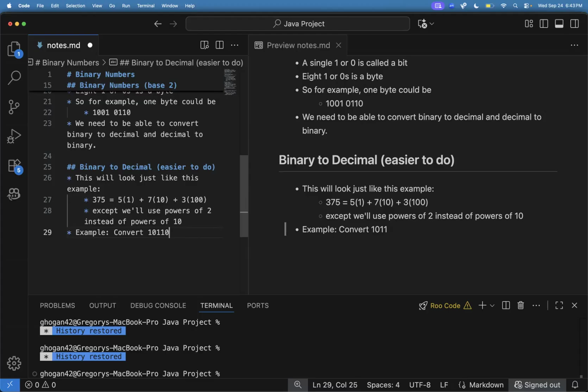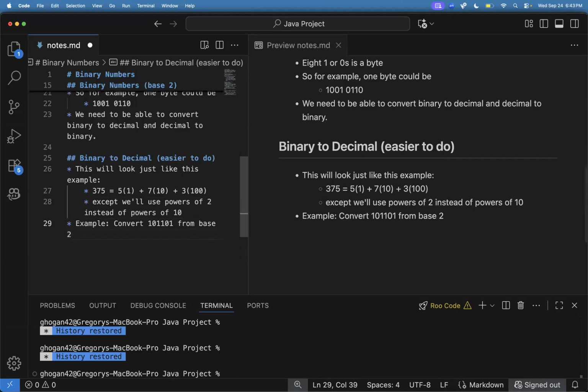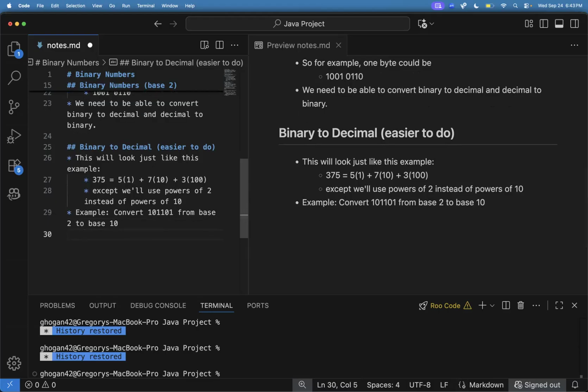I want to do more digits. Okay, we're doing this: 101101. Big number. From binary, which is base 2, to decimal, which is base 10. Okay, so that's the example that we're going to try to do.